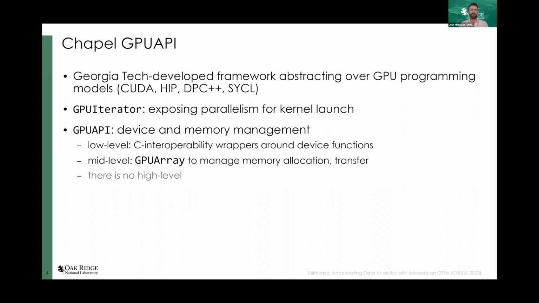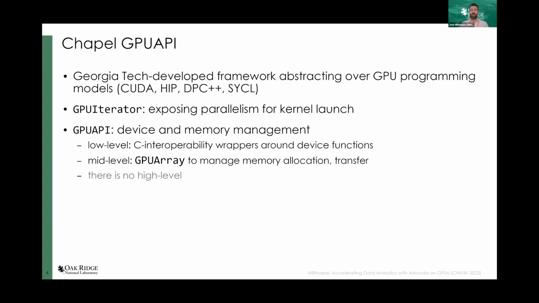There are two main components to GPU API. There's the GPU iterator, which allows you to expose the parallelism in your application in a Chapel-like way through Chapel's data parallel loops so that you can launch them as kernels on your GPU device. And then there's the GPU API itself, which provides wrappers around the various device functions so that you can do things like device and memory management.